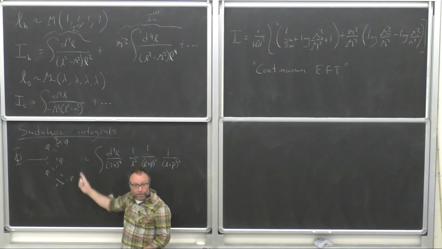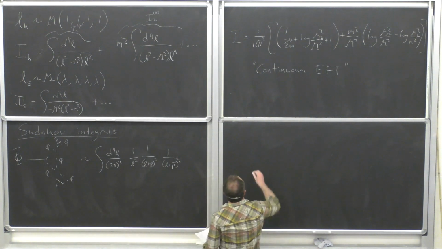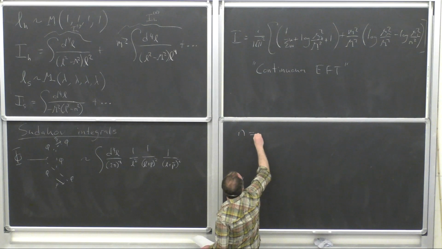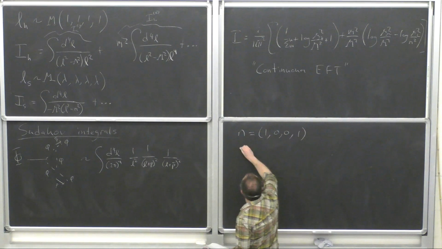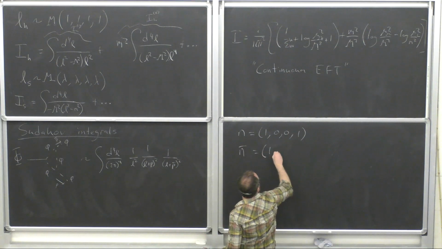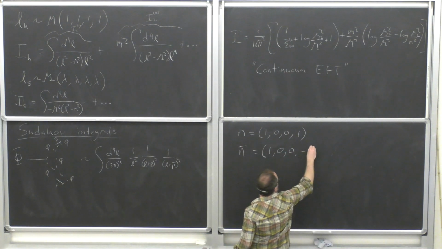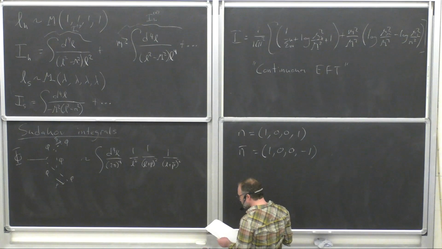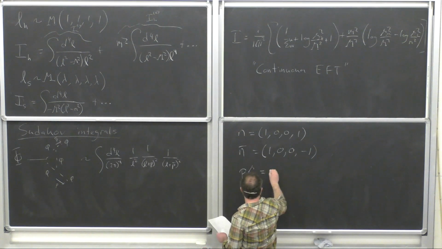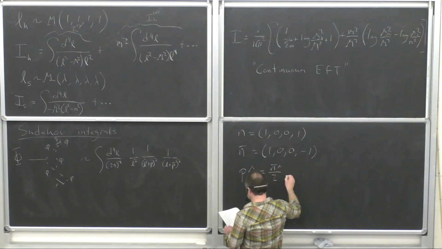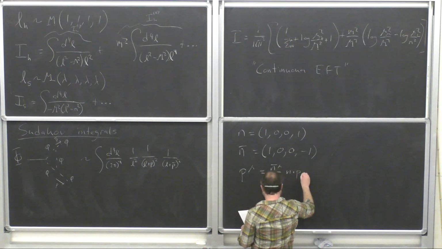So these are light-like particles, so let's introduce some reference vector n, which is a light-like vector pointing in the z direction, and a reference vector n bar, which is a light-like vector pointing in the minus z direction. When you do this, you can decompose any momentum along this light cone. This is called light cone coordinates.